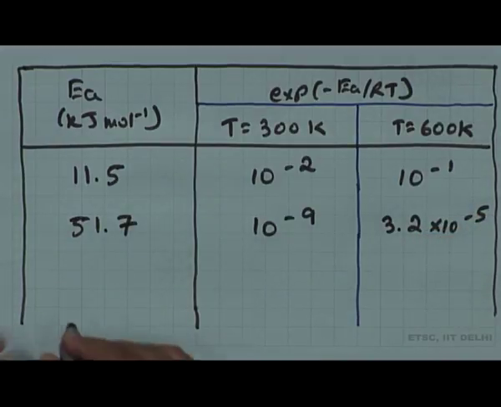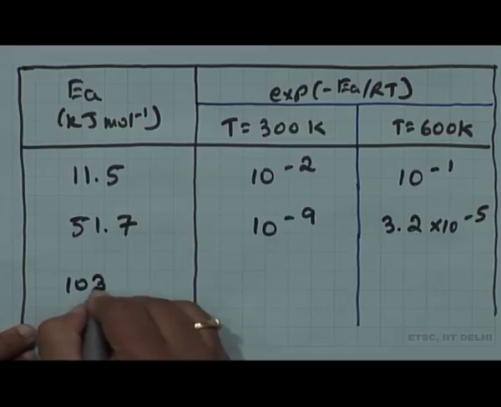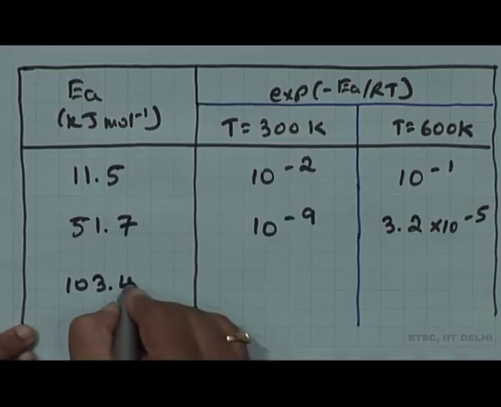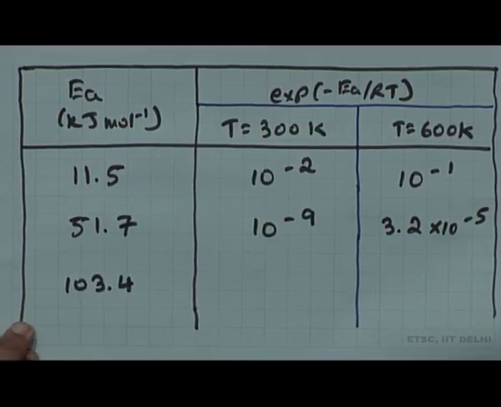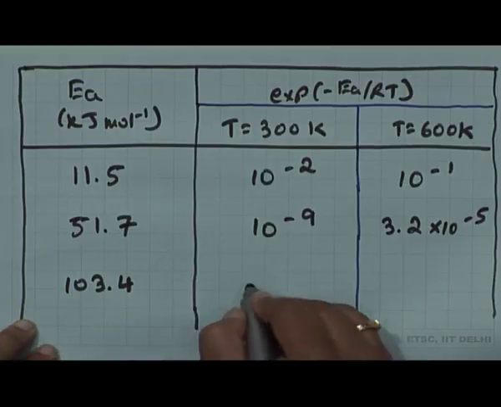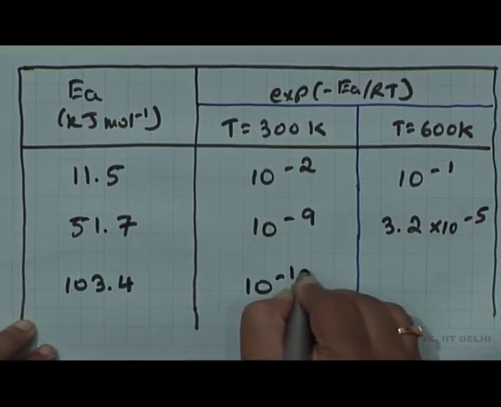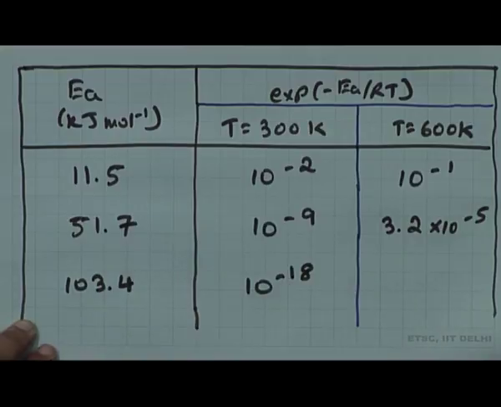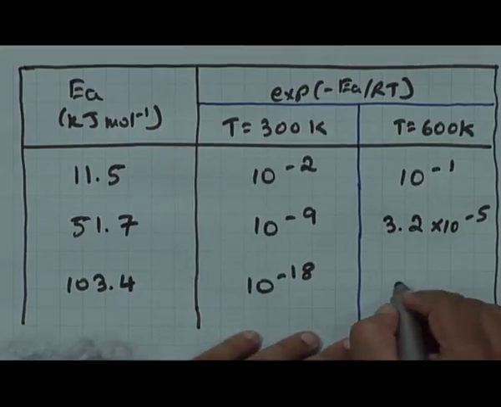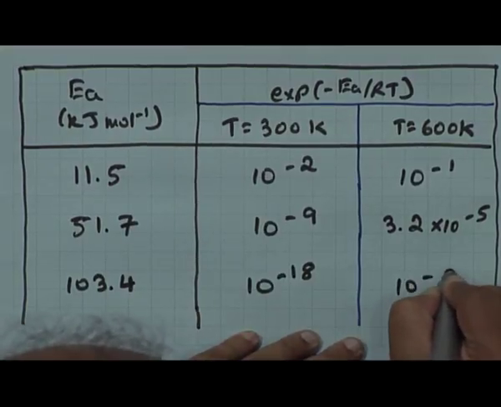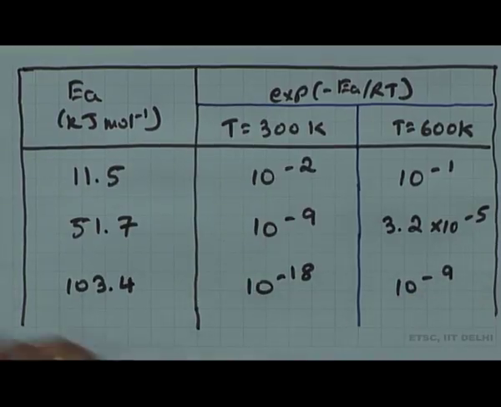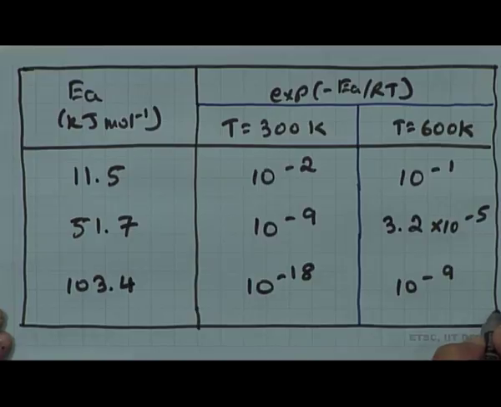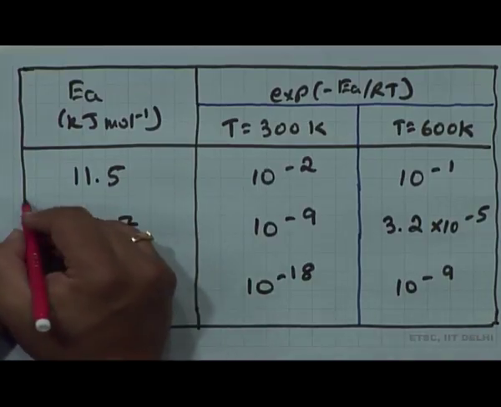And one more, 103.4 kilojoule per mole is the activation energy now. In this case it is 10 to the power minus 18 and this is 10 to the power minus 9.